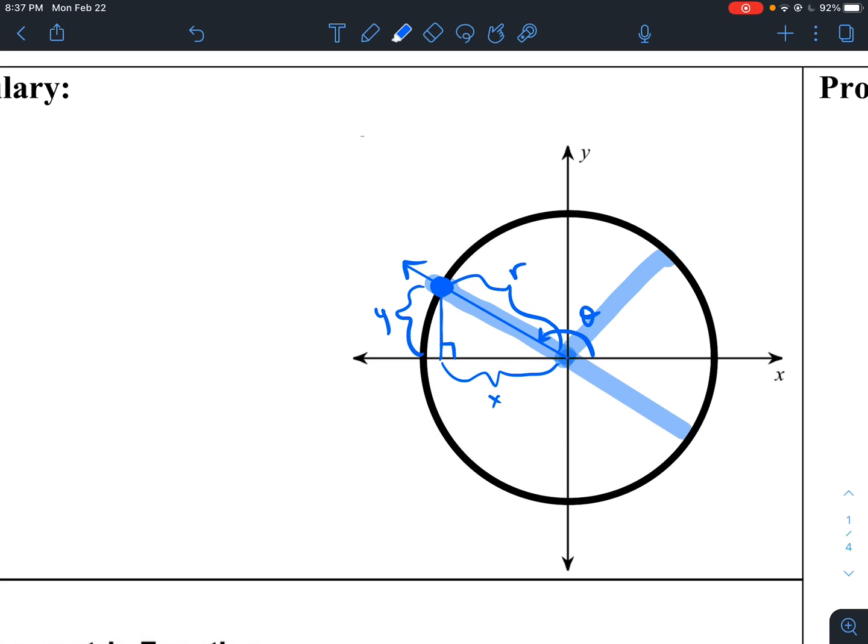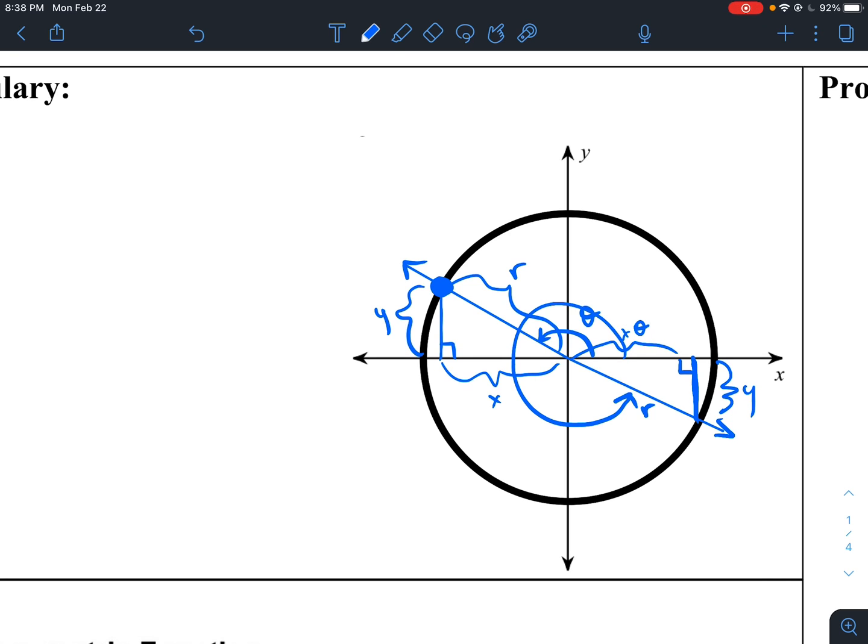And so r is always going to be the hypotenuse. So we could have our terminal side over here, rotated about this many degrees, and from here to here we make our line and draw our right triangle, and this would be r, this would be x, and this would be y. Okay?